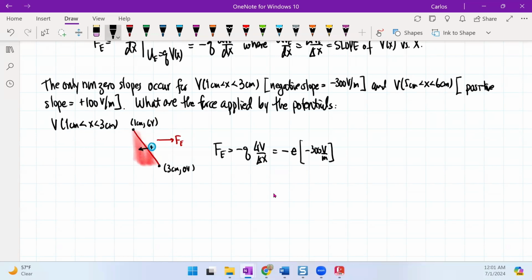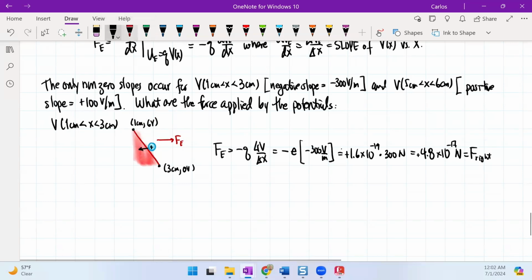Or this could be 300 electron volts per meter. But if we're trying to put this into newtons, then this should be positive 1.6 times 10 to the negative 19 coulombs. And then we're going to have 300, and it's going to have units of newtons. So if I compute this number, it will then be 4.8 times 10 to the minus 17 newtons. And this will be the force going to the right.